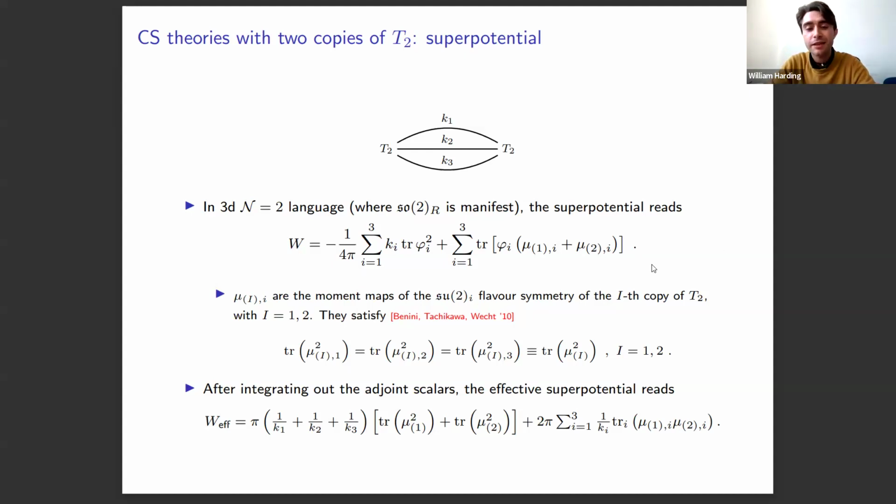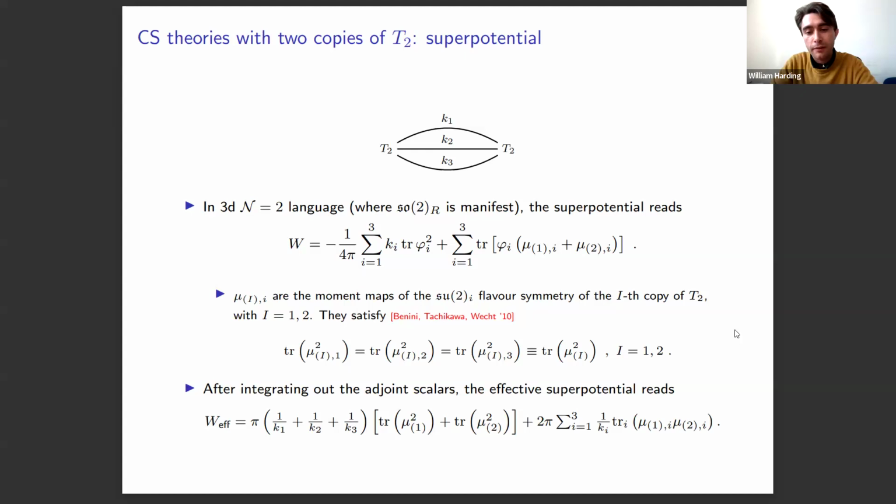It's similar to the case with only one copy of T2, but now you must take into account that we have two different moment maps corresponding to the two copies of T2. I denoted them as mu with a capital I index, where the capital I index can be equal to 1 and 2 depending on the two copies.